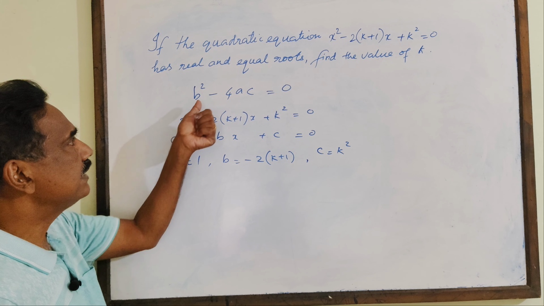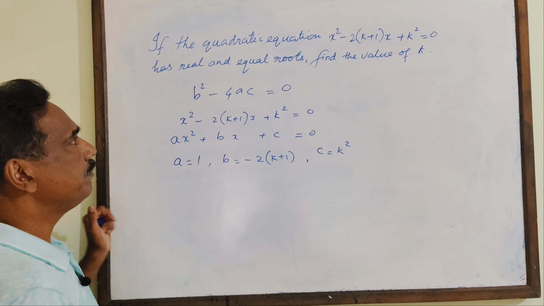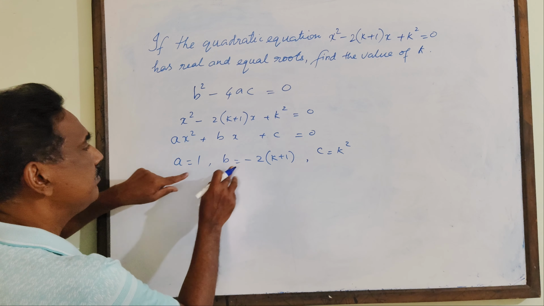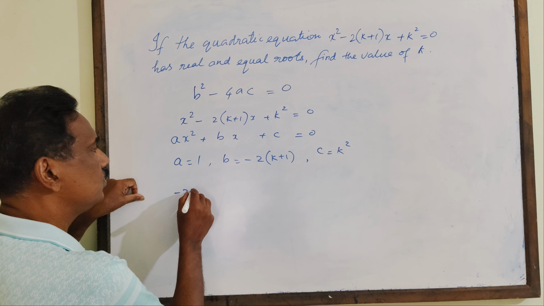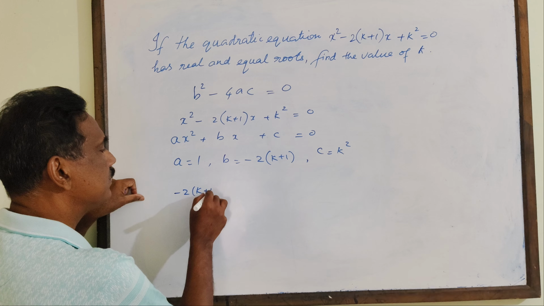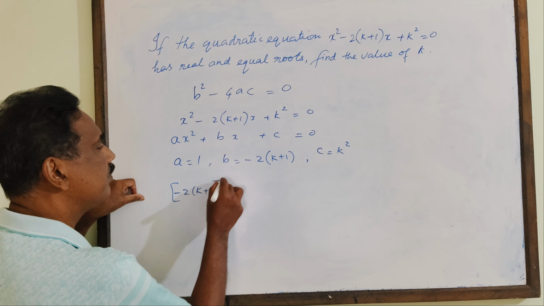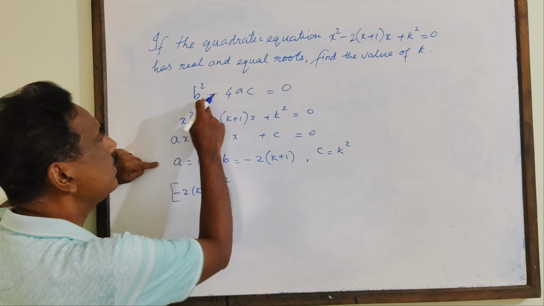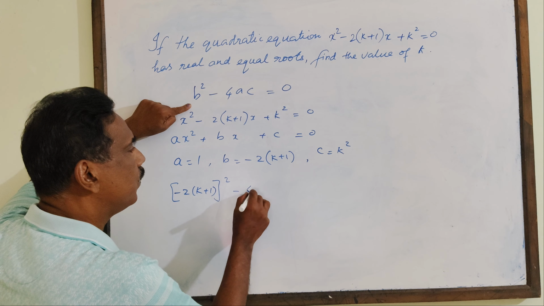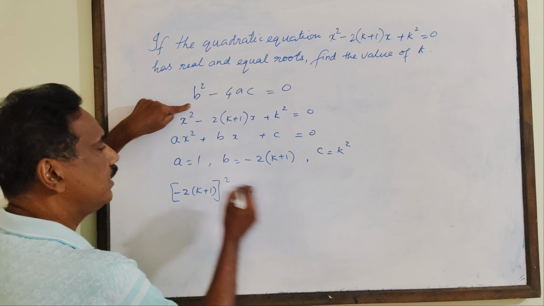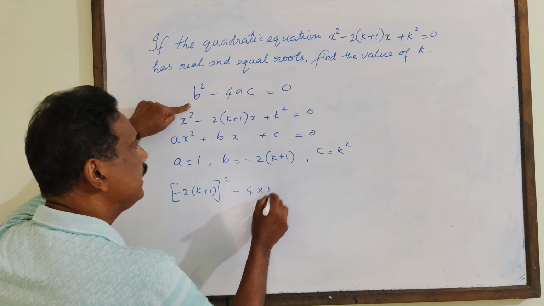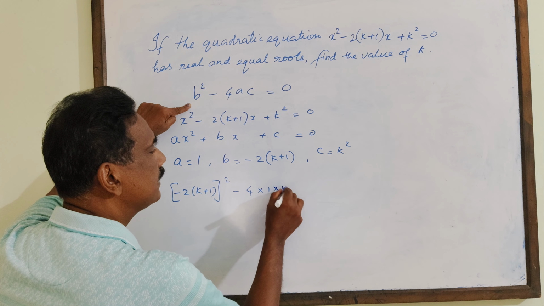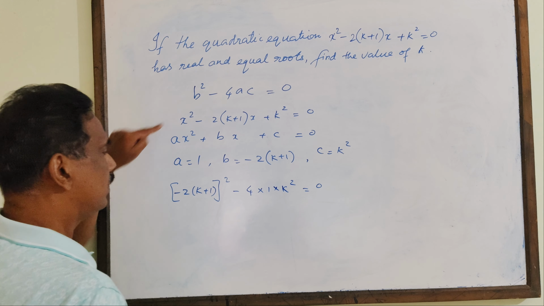Now applying in this condition for real and equal roots, b square minus 4ac equal to 0. b square, you can see b is minus 2 into k plus 1 the whole square, because we want b square, minus 4 into a which is 1, into c which is k square, equal to 0. Open it.